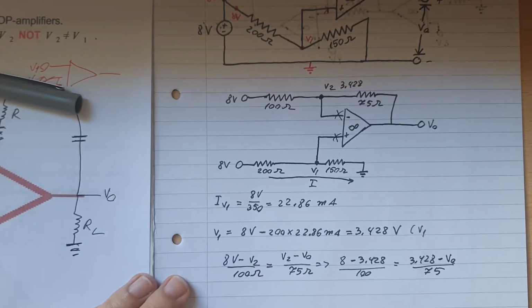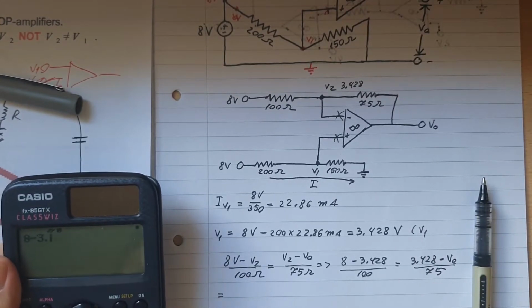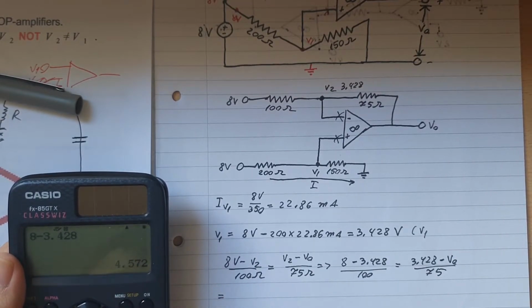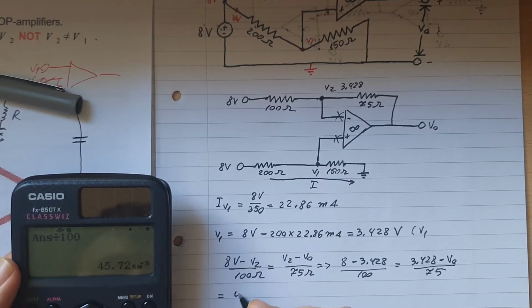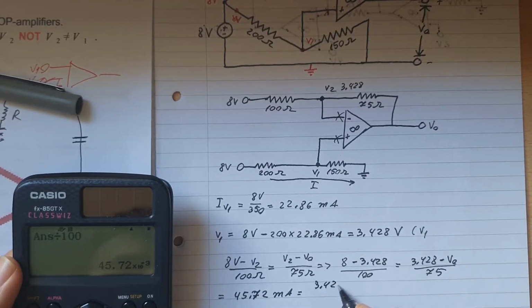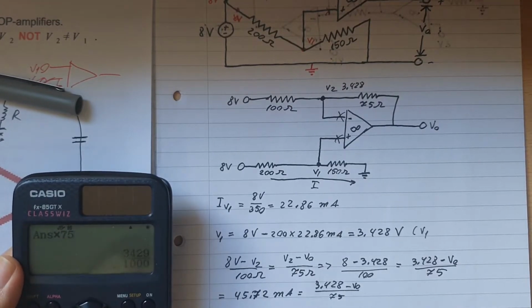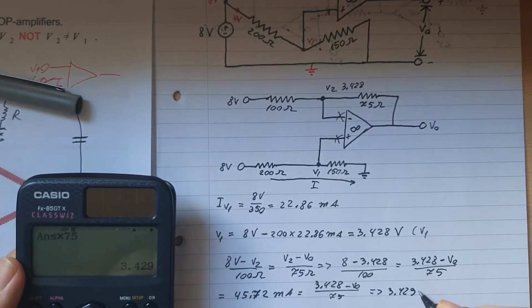The next step is to calculate it. We take the calculator: 8 minus 3.428 is 4.572, divided by 100 is equal to 45.72 milliamps, equal to 3.428 minus VO over 75. So we multiply this number by 75.